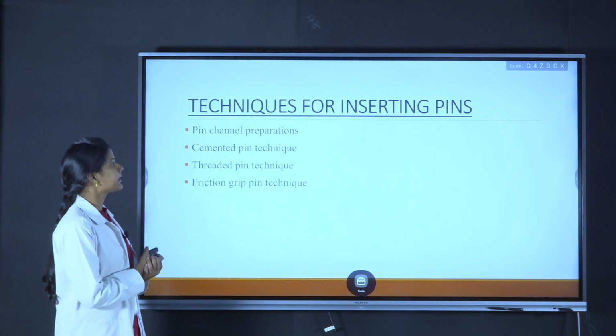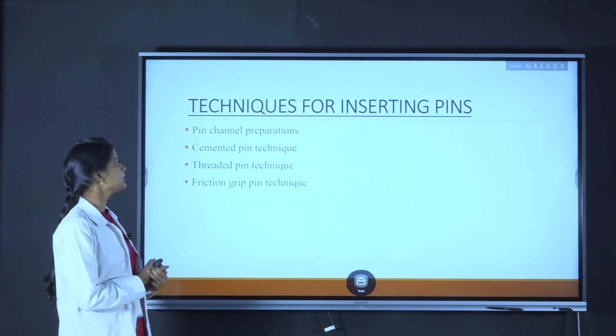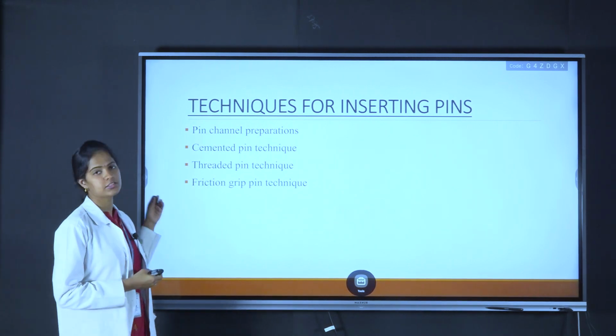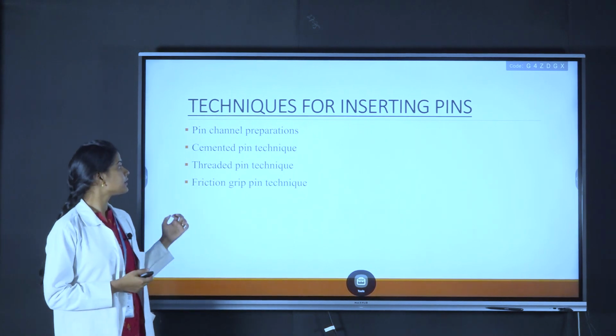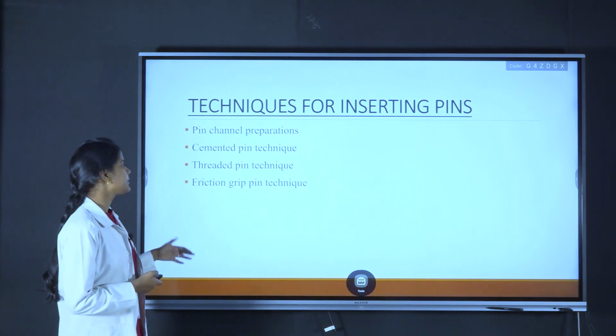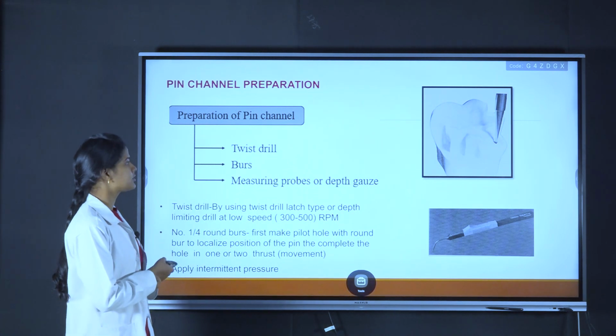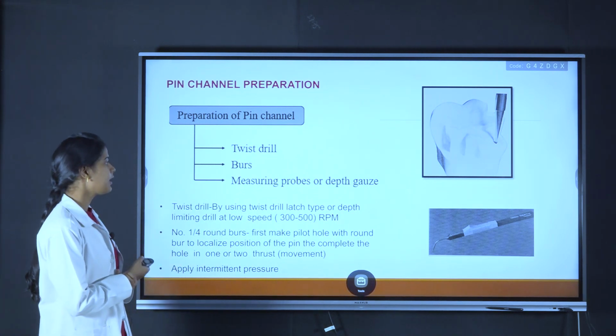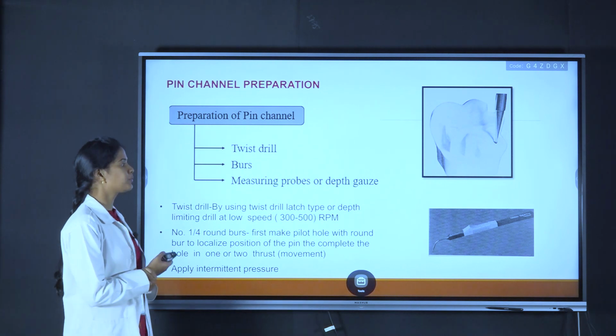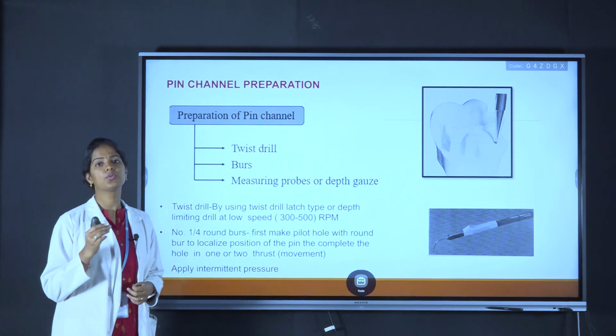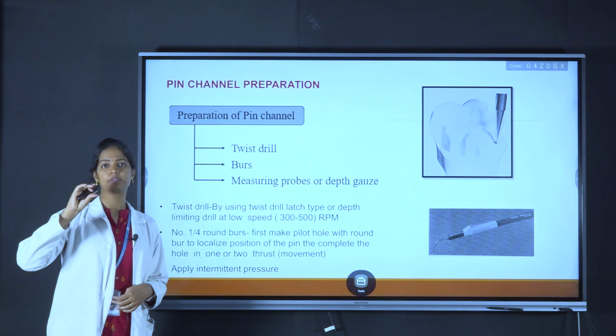So the different techniques that you use to insert the pin are first the preparation of the pin channel, cemented pin technique, threaded pin technique, and friction grip technique. For the preparation of the pin channel, you have something called a twist drill, burrs, and measuring probes and depth gauge in order to determine the length of the pin channel.